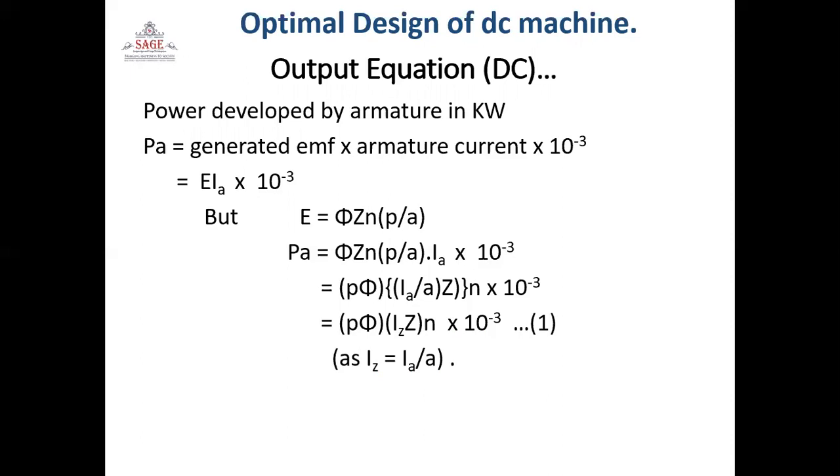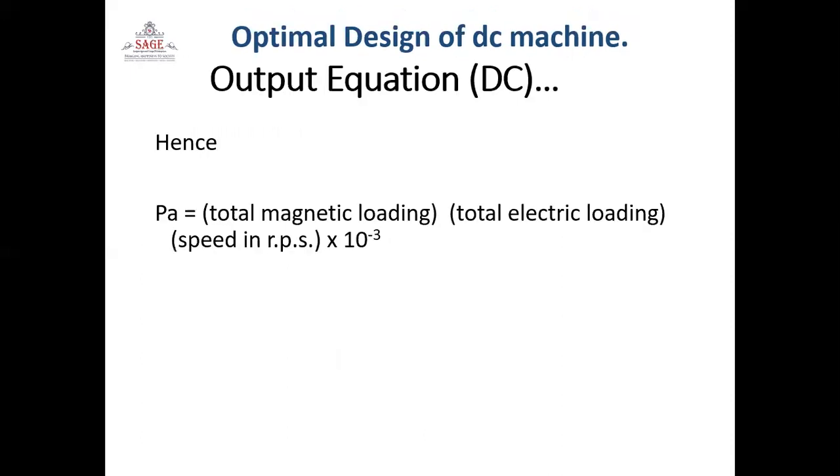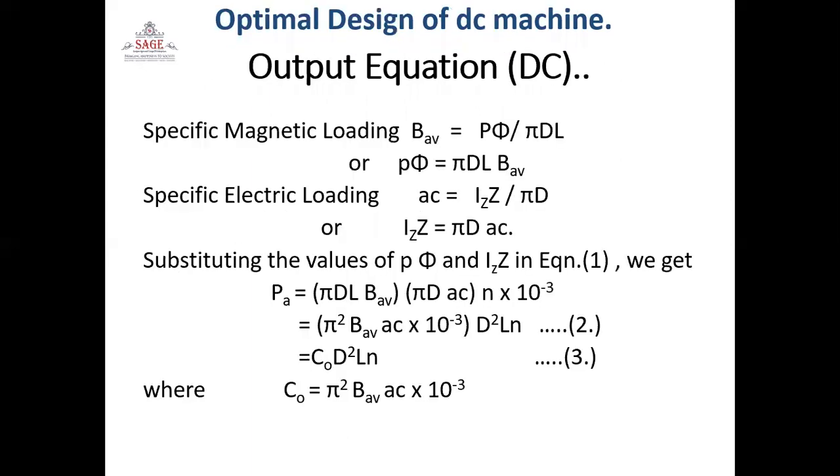Replacing the P phi and IZ with the specific magnetic and electric loading, the power equation can be converted to total magnetic loading multiplied by total electric loading multiplied by speed in RPS into 10 raised to minus 3 kVA. By substituting the values for B average and AC, we can get an output equation for DC machine.